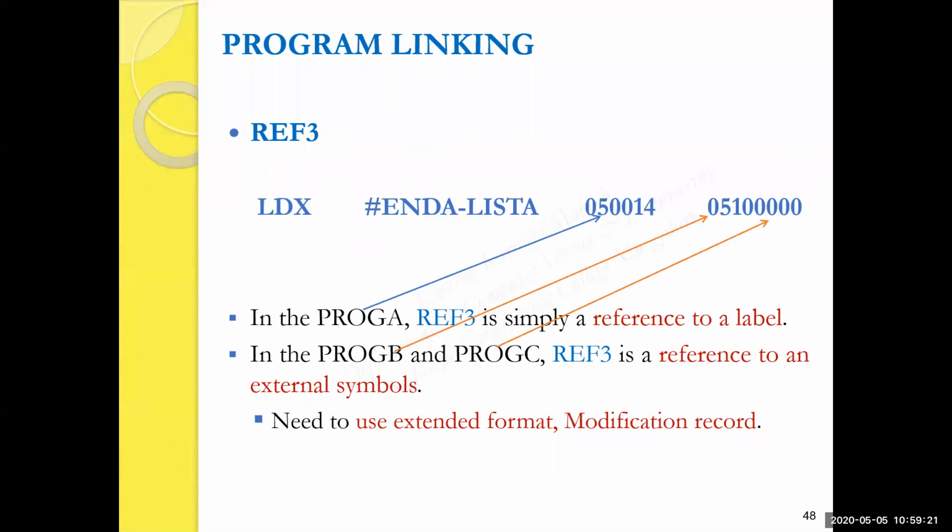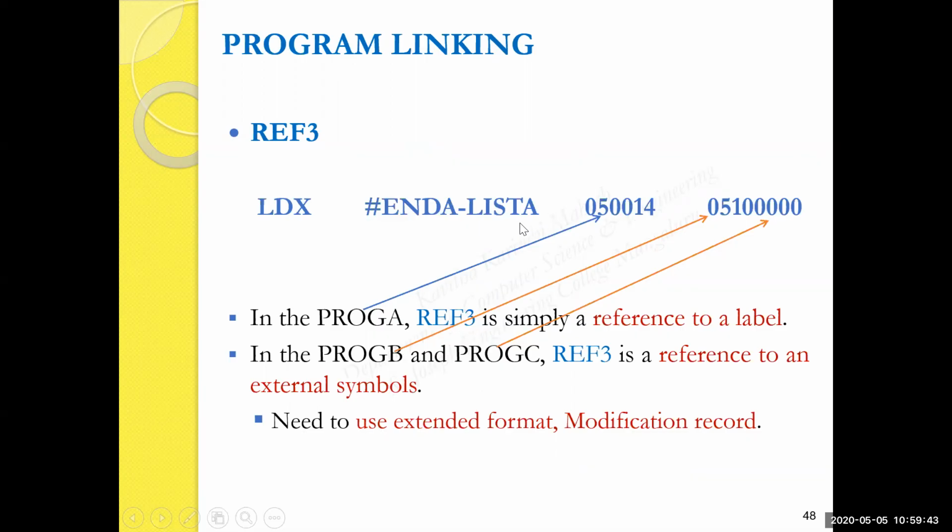So to summarize, in program A, reference 3 is simply a reference to two labels which are defined in the same section. Hence, immediate operand value could be used. We can estimate NA minus list A, and the resultant value could be used in assembling the instruction. However, in program B and C, NA and list A are external references.